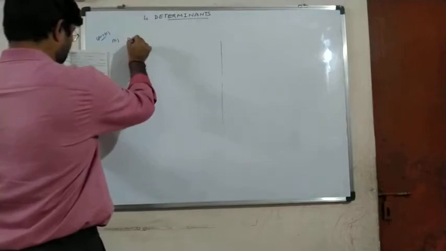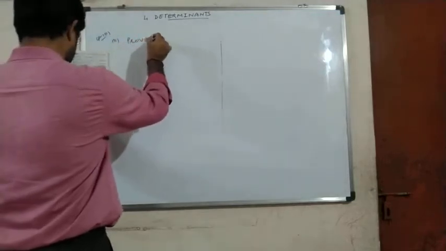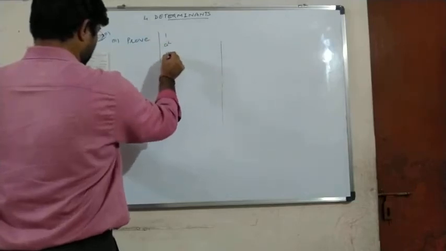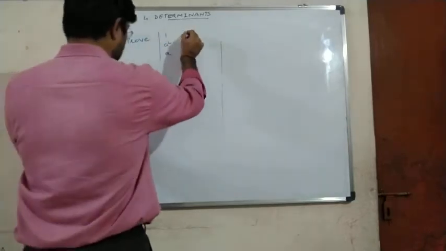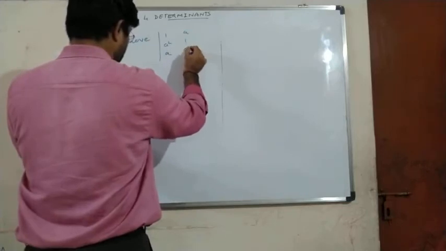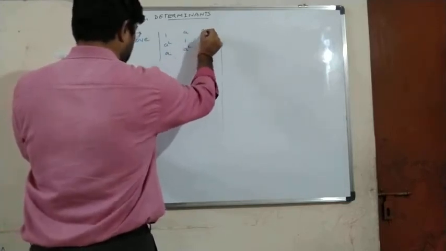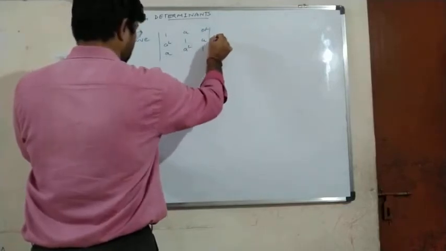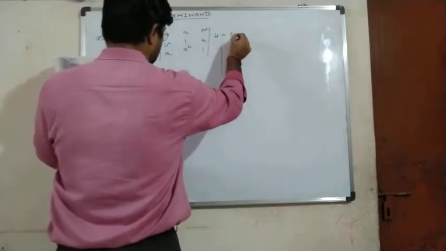We have to prove that the determinant 1 a square a, 1 a square a, 1 is a perfect square.